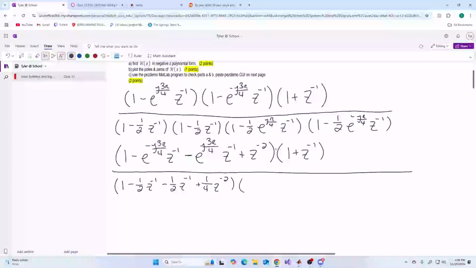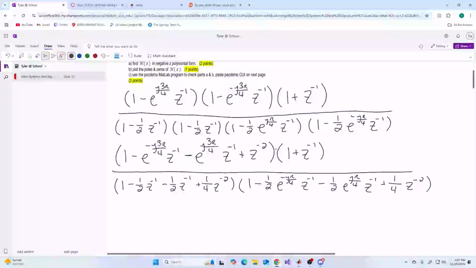Then do the next thing for the next one. 1 minus 1 half e to the negative j pi divided by 4 z to the negative 1, and do the same thing again. Minus 1 half e to the j pi divided by 4 z to the negative 1. And then I'm going to have plus 1/4 z to the negative 2. The e's go away.